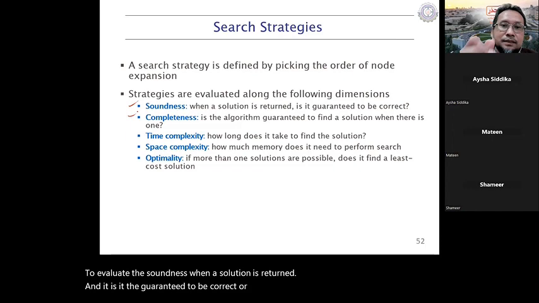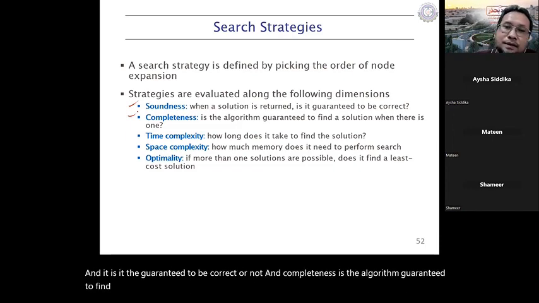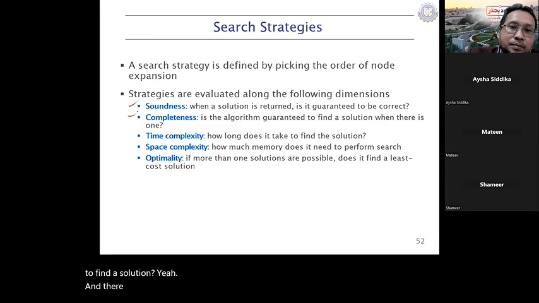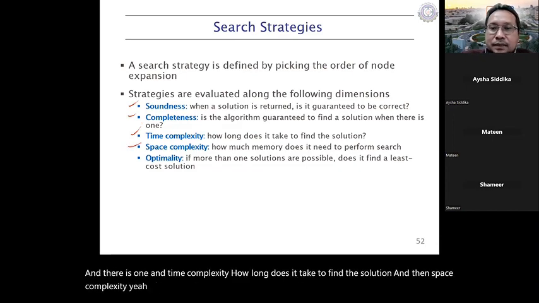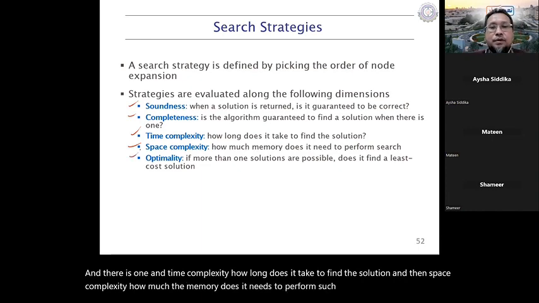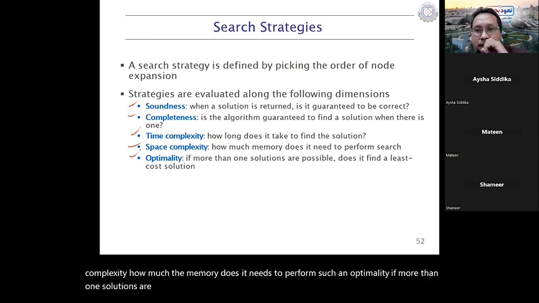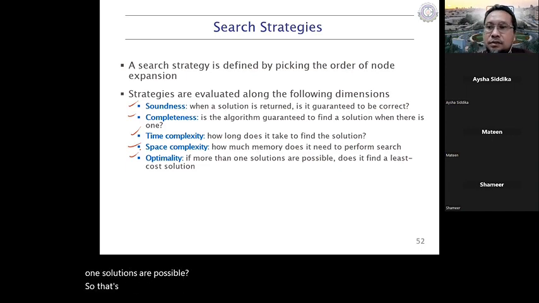Completeness: is the algorithm guaranteed to find a solution if there is one? Time complexity: how long does it take to find the solution? Space complexity: how much memory does it need to perform the search? And optimality: if more than one solution is possible, does it find a least cost solution?